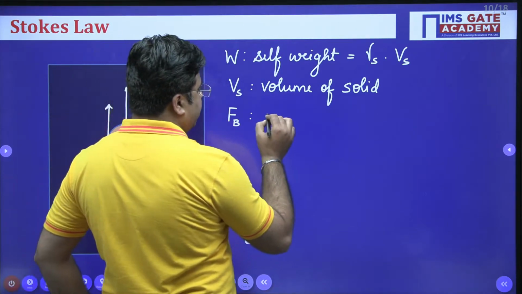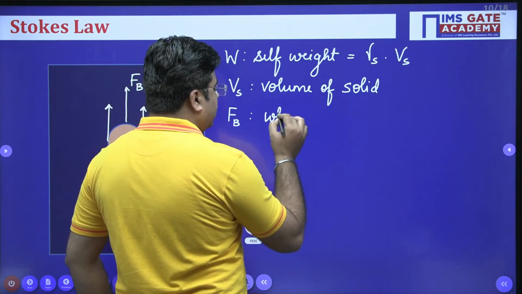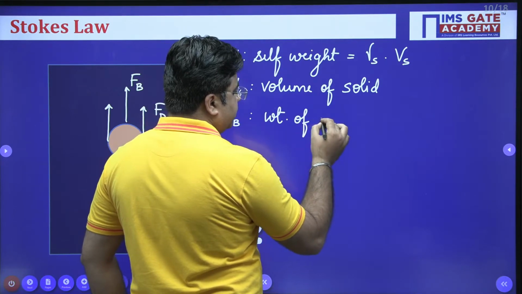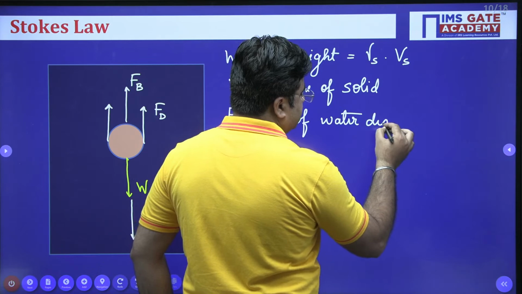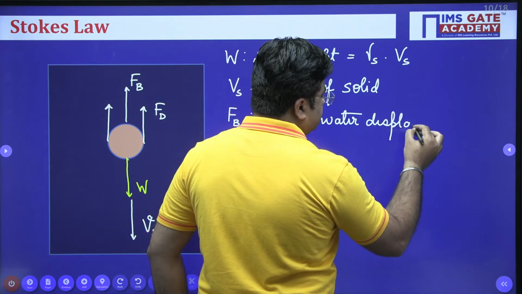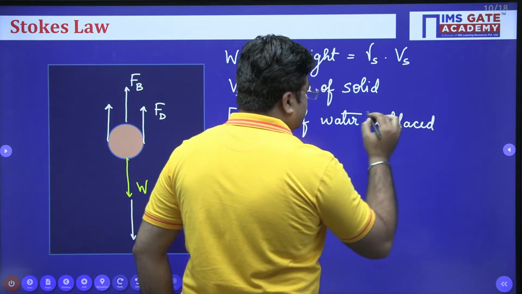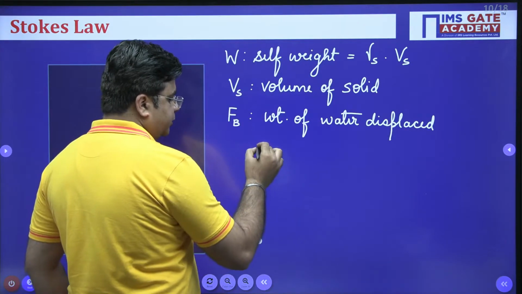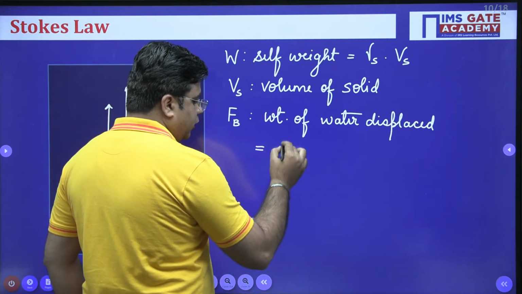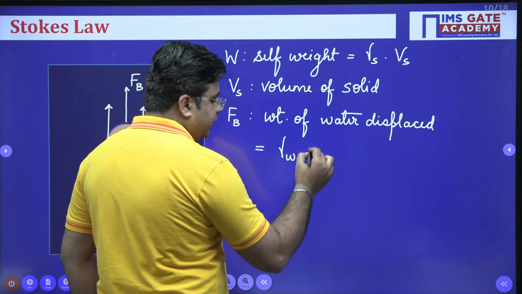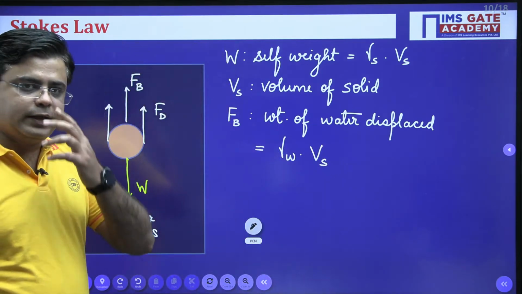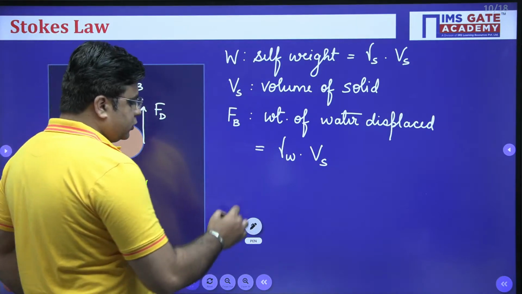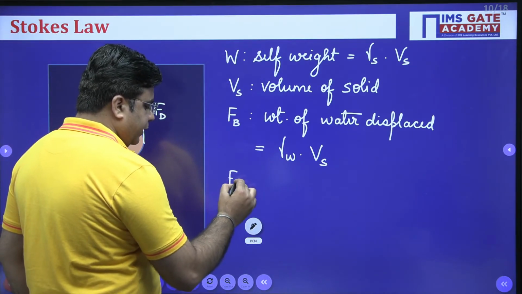So this force of buoyancy is weight of water displaced, which is equal to unit weight of water multiplied by volume of solid, again capital Vs.